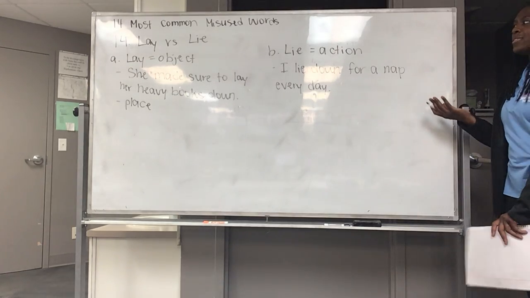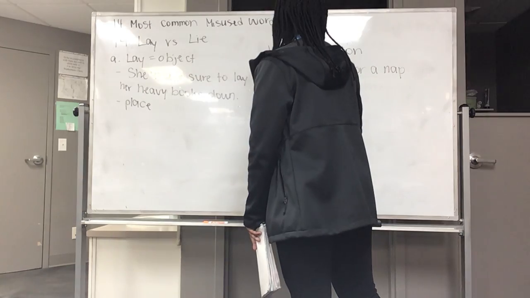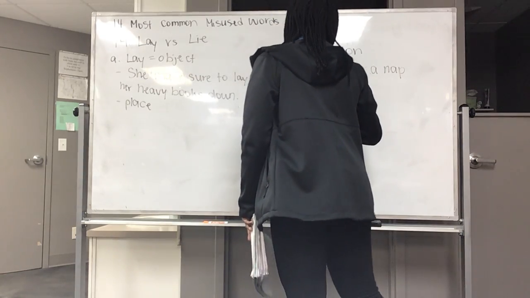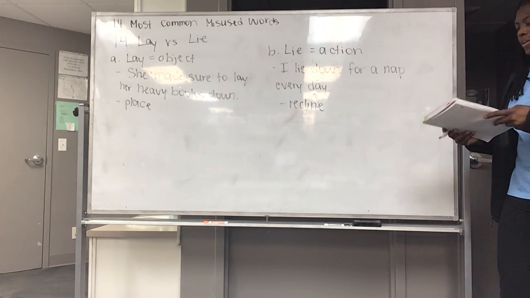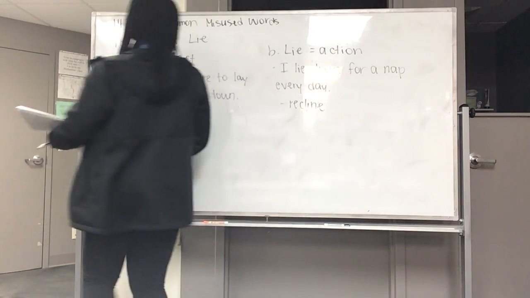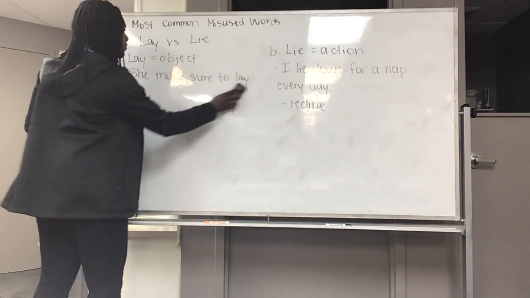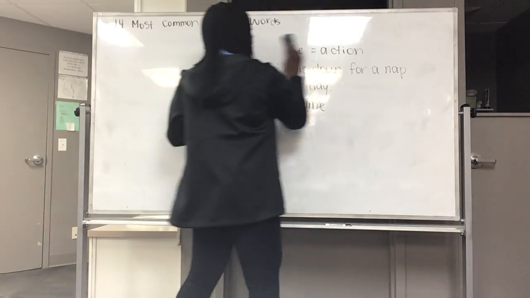A way to remember this one is that the I in lie sounds like recline. So when we're using lie, it's like when we're reclining. So real quick, I'm going to draw a chart about lay versus lie.